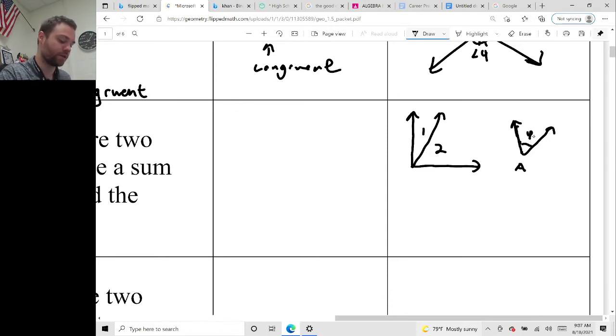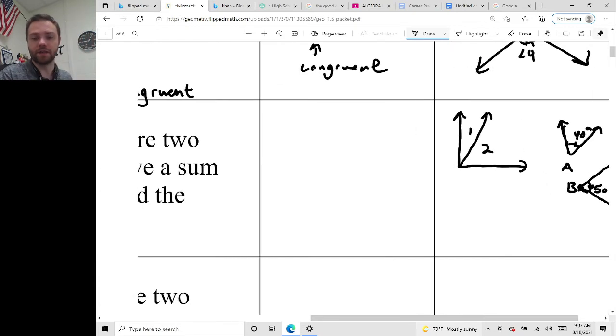So I've got 40 degrees here, and they have to add up to 90. So let's say I have another angle here that's B, which is 50 degrees. So they're two separate angles, but they add up to be 90. 40 plus 50 is 90.